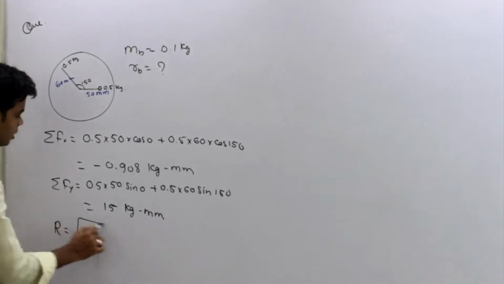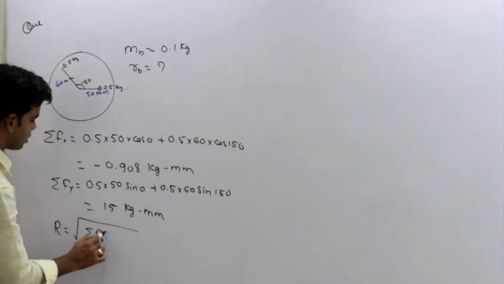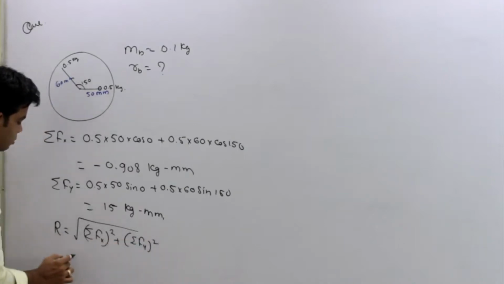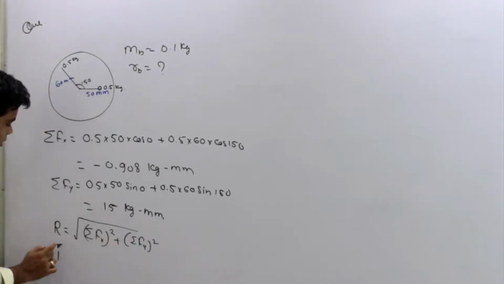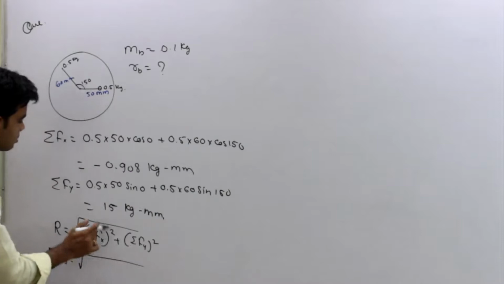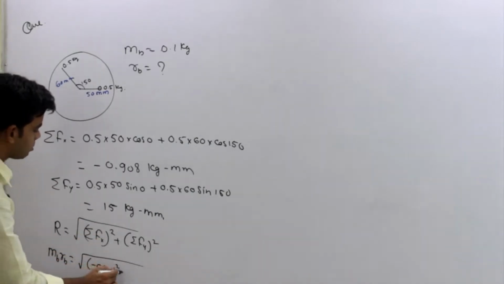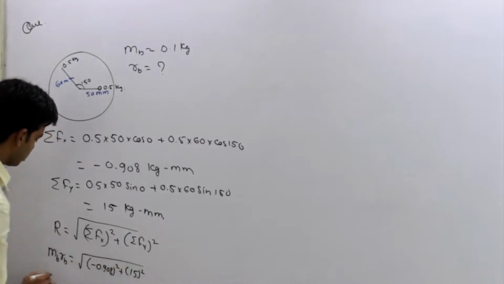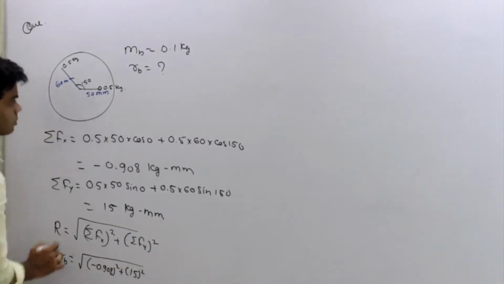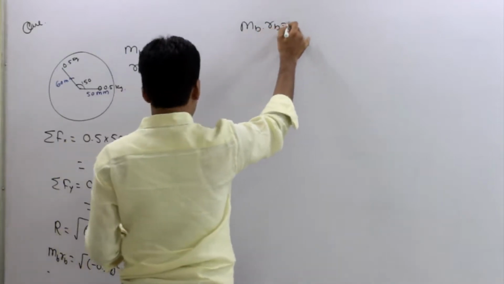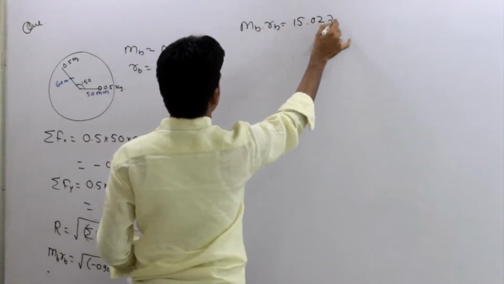So we can calculate the resultant. What is the resultant? Under root of summation of Fx square plus summation of Fy square. This resultant is nothing but MB into RB. So MB into RB is equal to under root of minus 0.908 square plus 15 square, which will be 15.027.